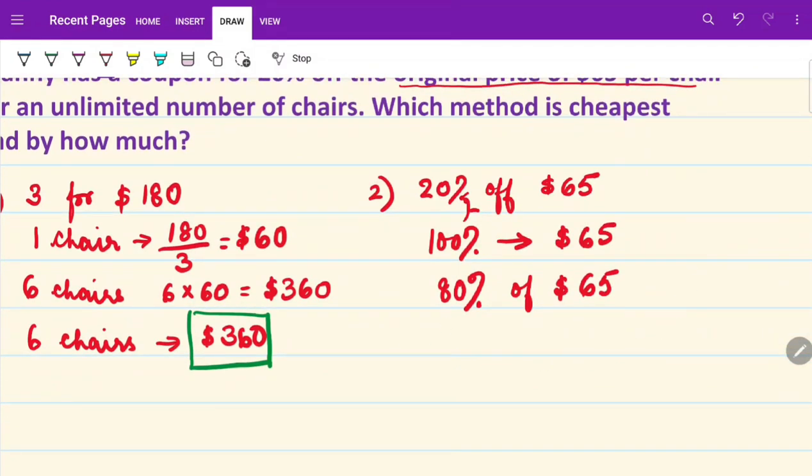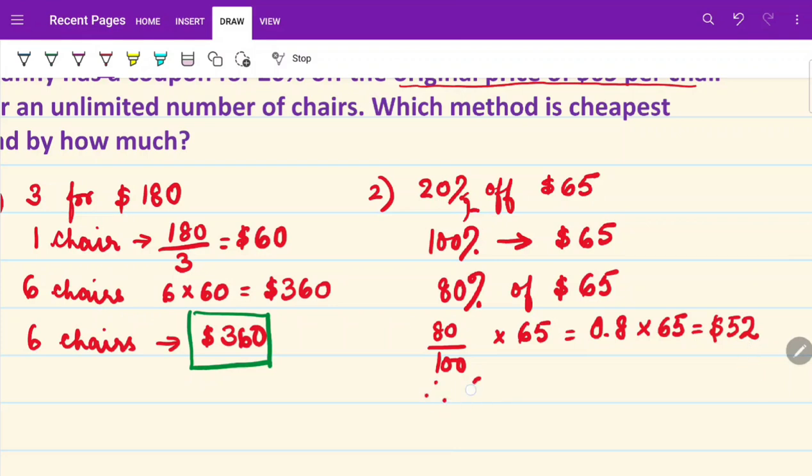So the way you calculate this percentage, 80% has to be converted to decimal. It's like this: 80 divided by 100, 80 over 100 times $65 is going to be 0.8 times 65, and the price for each chair after the coupon is $52 per chair, correct? 0.8 times 65 is $52 per chair.